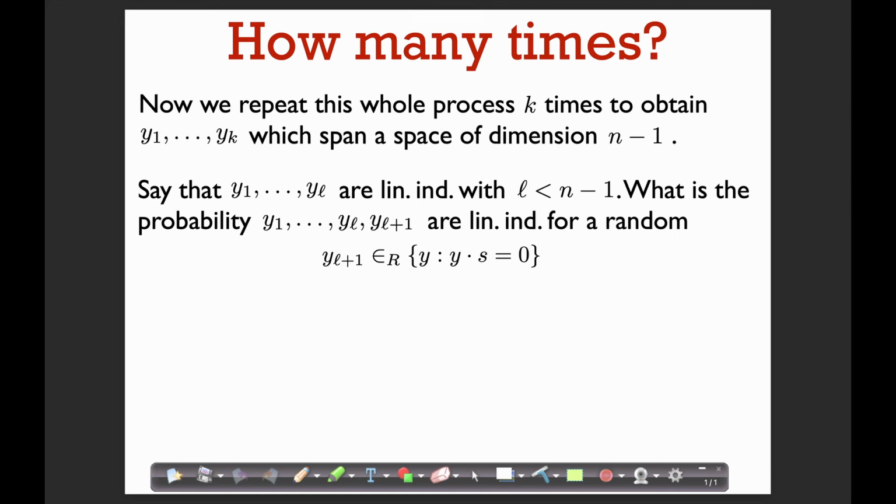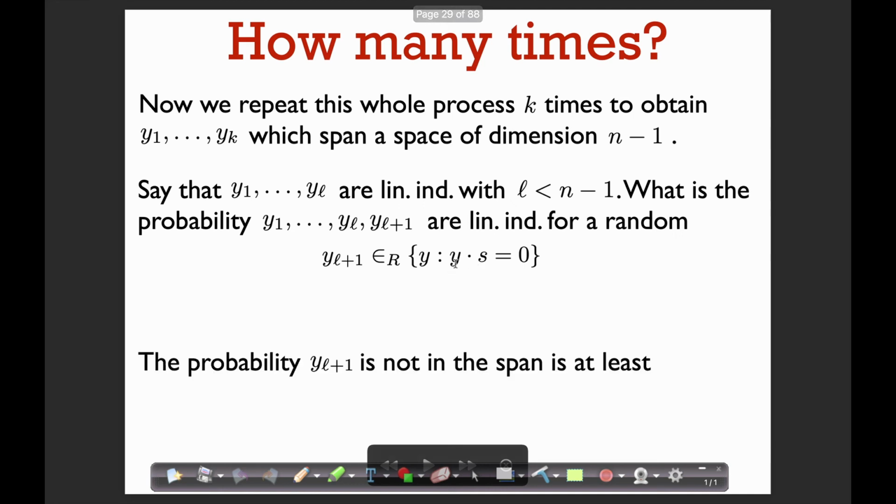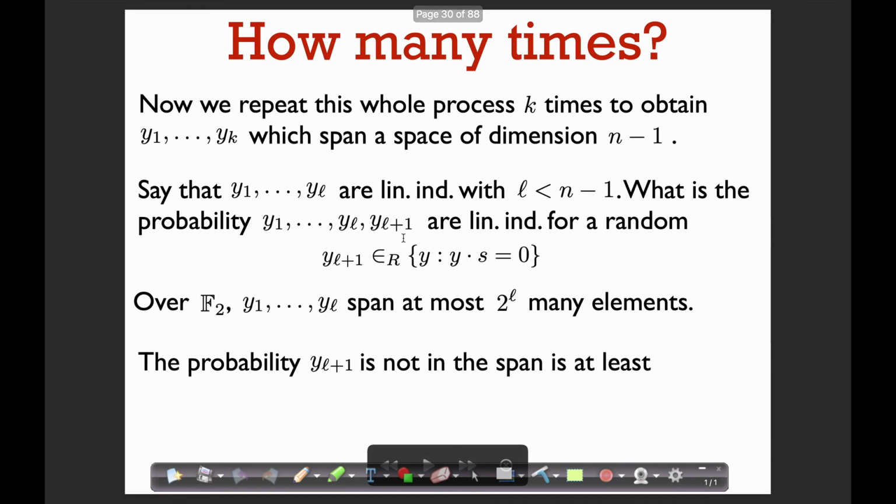Now let's choose yl plus 1 randomly from the set that it comes from, the set of things that have 0 dot product with s. What is the probability that we get a linearly independent set again, so that yl plus 1 is not in the span of y1 through yl?